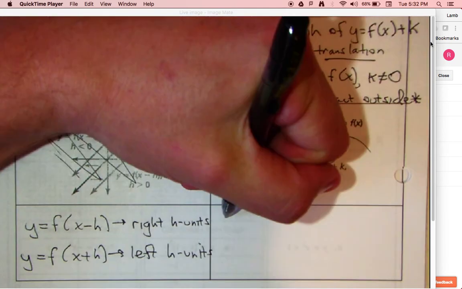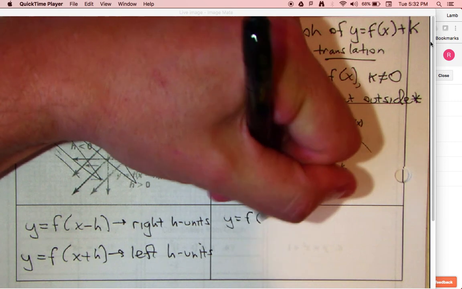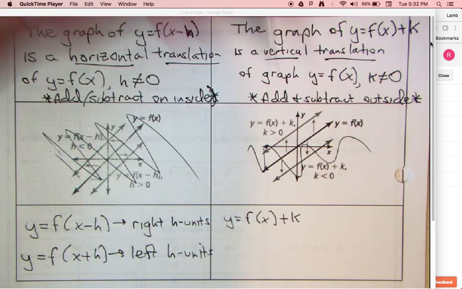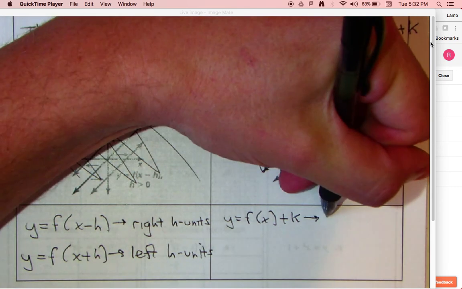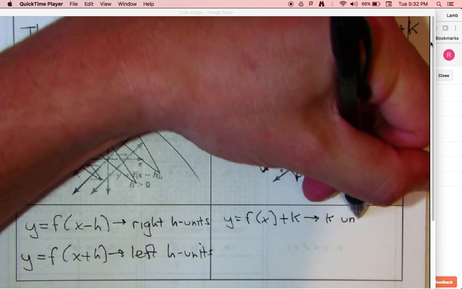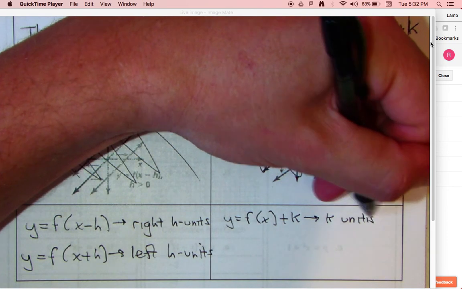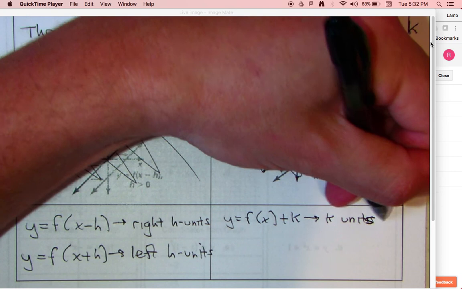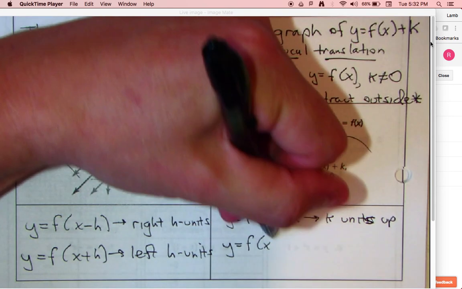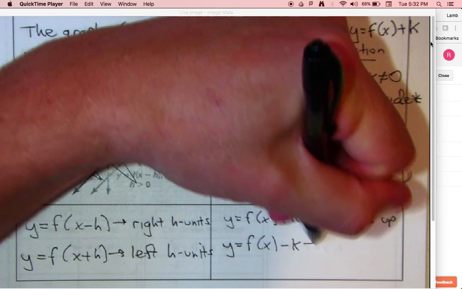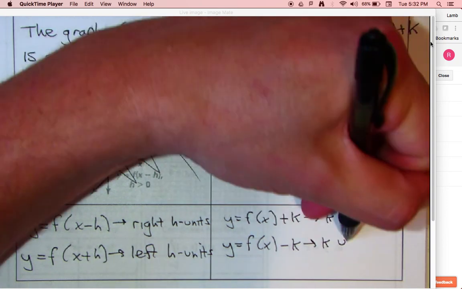Let's say we have y equals f of x plus k. Notice we're adding k, whatever that number might be. When we add it, it moves k units up. And when I say f of x minus k, we say k units down.